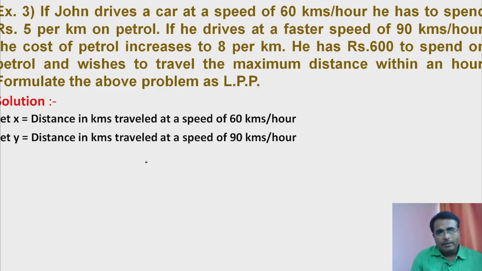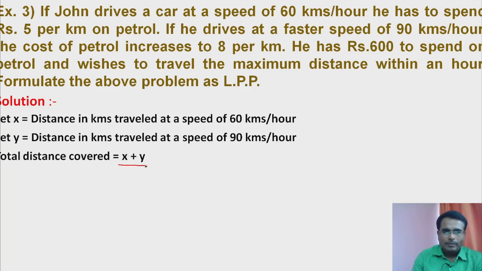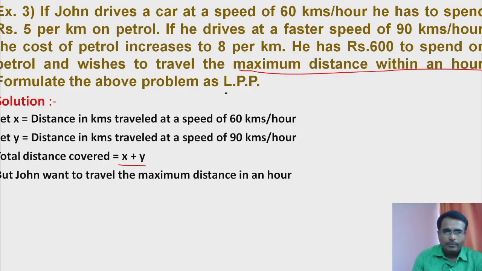Now, x and y denote distance traveled. So, total distance traveled is x plus y, isn't it? Our aim is to get the maximum distance within an hour. That is why our objective function is maximize z, as John wants to travel the maximum distance in an hour.